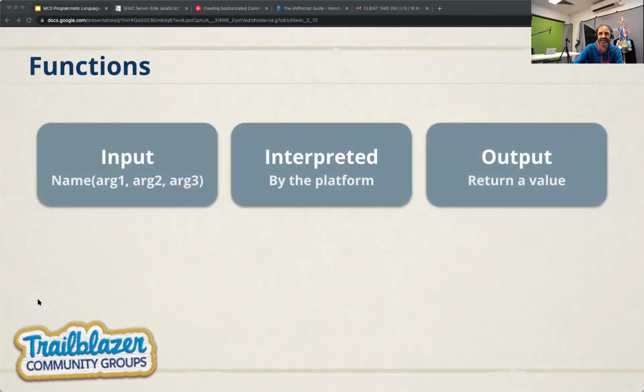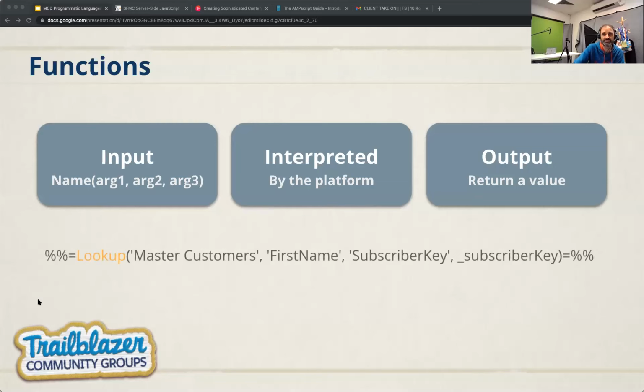So let's now take a look at an example AMPscript function. There are several AMPscript functions which allow you to interact with data extensions, and a commonly used function is the Lookup function, which requires a minimum of 4 arguments. Firstly, the name of the data extension from which to return a value, in this case Master Customers; the name of the column from which to return a value; the name of the column that identifies the row to retrieve; and finally, the value that identifies the rows to retrieve.